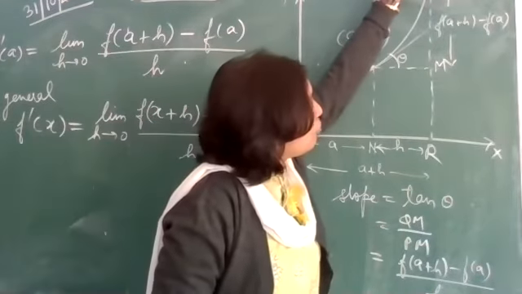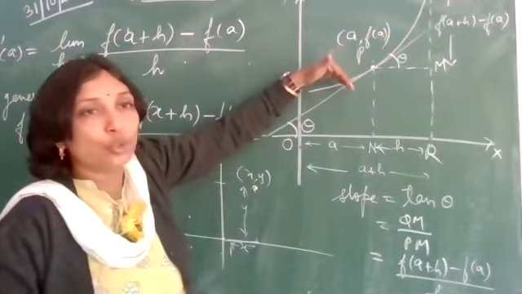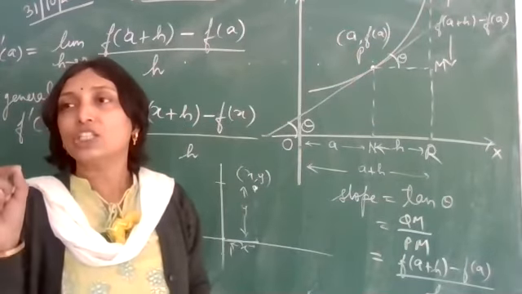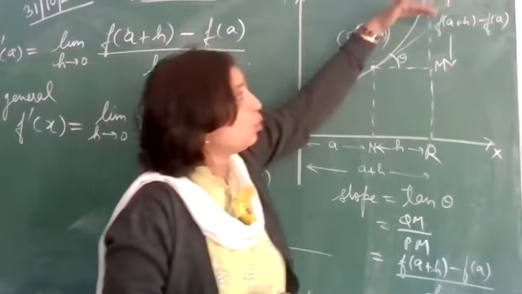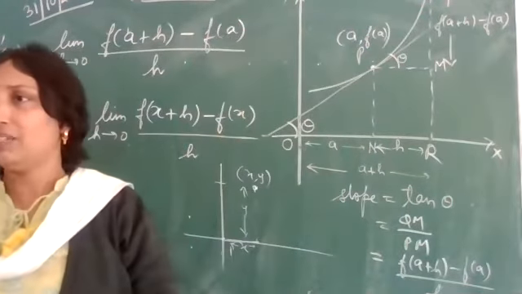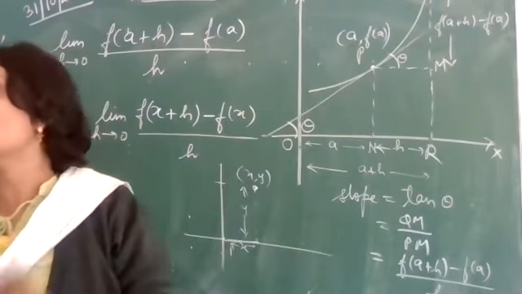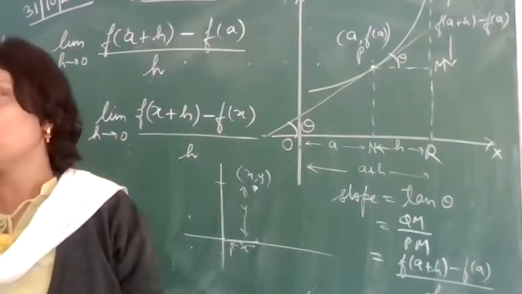Now if we apply limit h tends to 0, where will Q go? Can anyone tell me? If we apply limit h tends to 0, will the position of Q change?